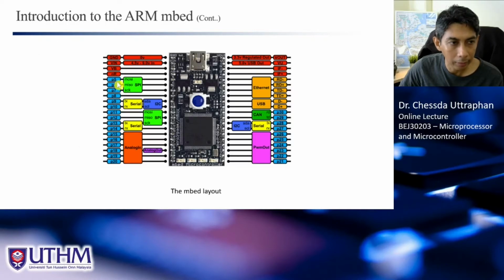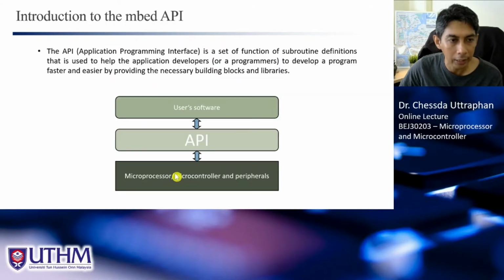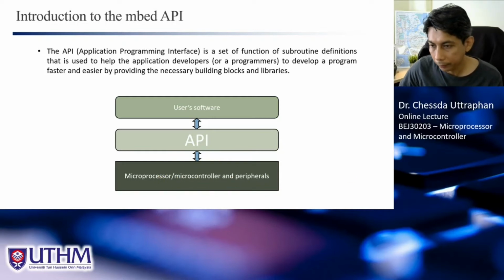which one, P5 until P13, we want to configure as input. And to configure this pin as input is very easy. Later on, we will see, by using the API and the functions that are available in the API, this API will do the job for you to access the correct location or address of the microcontroller or peripheral.